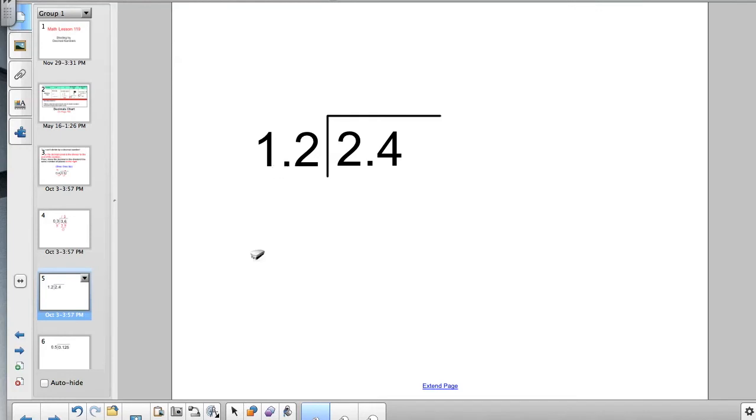So here I have 1 2/10 divided into 2 4/10, otherwise known as 2 4/10 divided by 1 2/10. So over, over, and up. Now let's take a look.